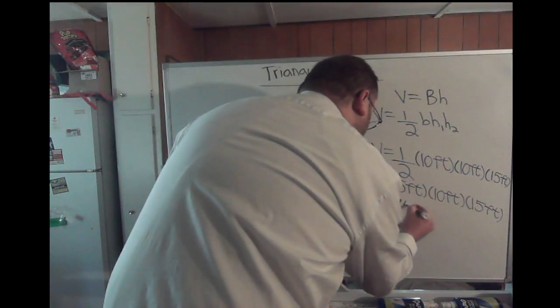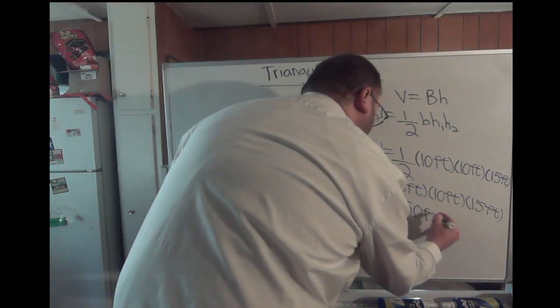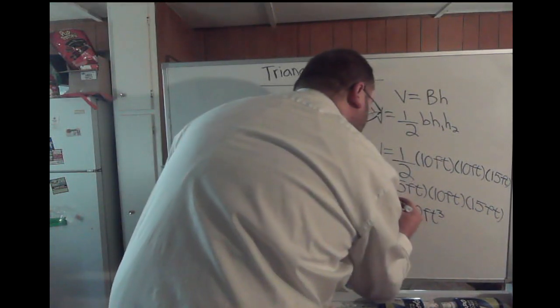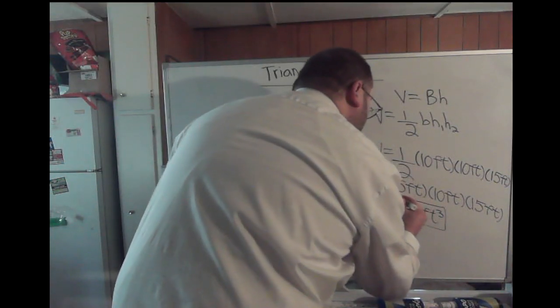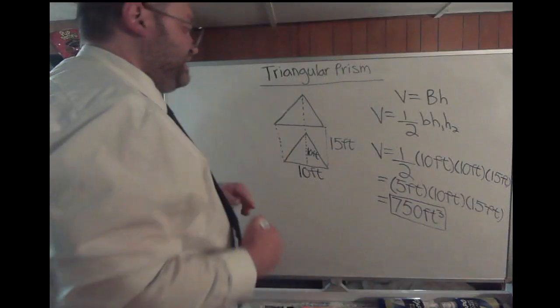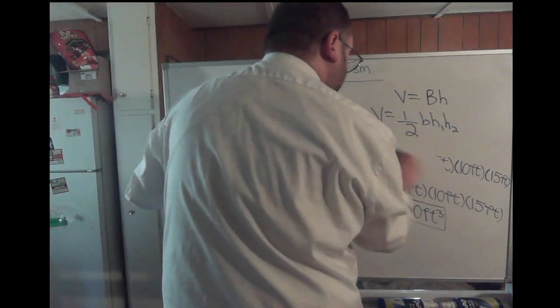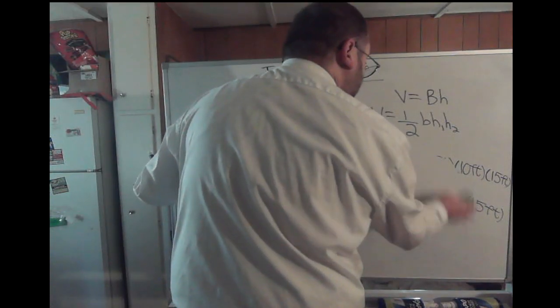So 750 feet times feet times feet, that's cubic feet or feet cubed, however you prefer to say it. The volume of this triangular prism is going to be 750 cubic feet. Let's do one more example with the triangular prism, then we'll go on to a cylinder.